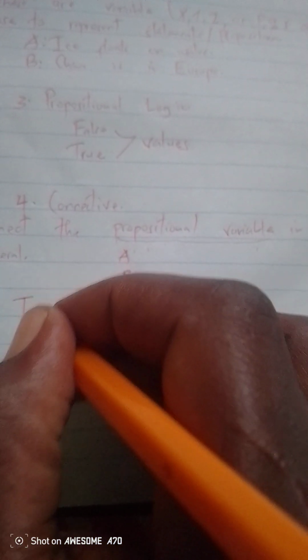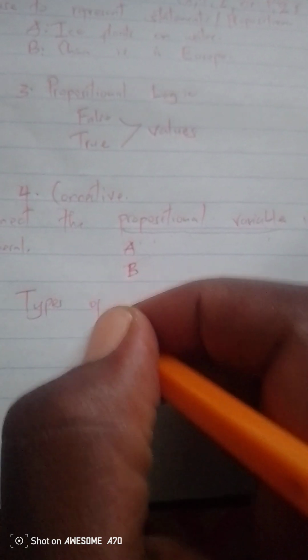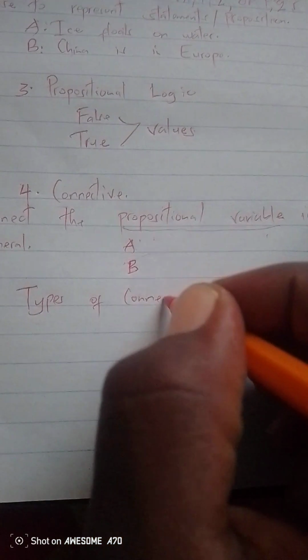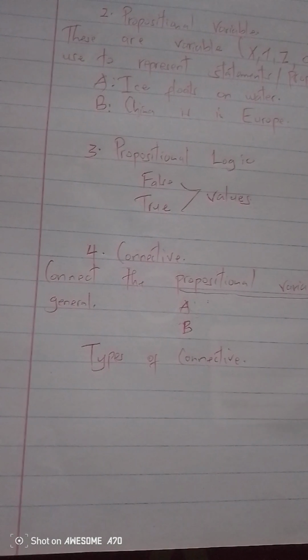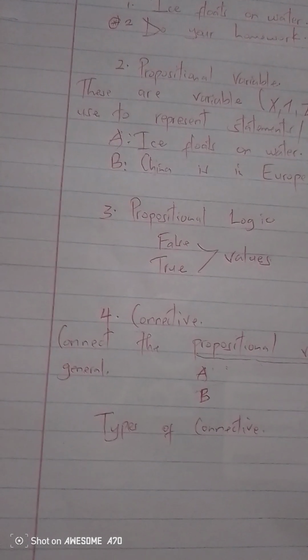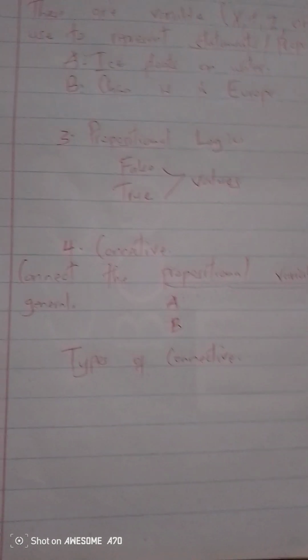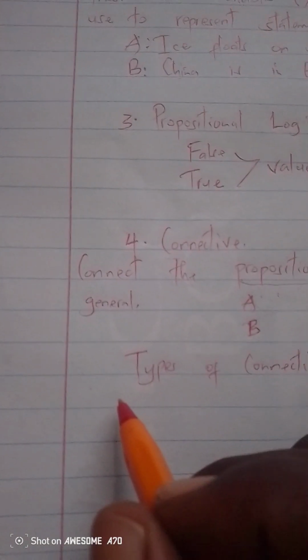Now write: types of connective. Generally, there are 6 types of connective, as I am going to state them below.